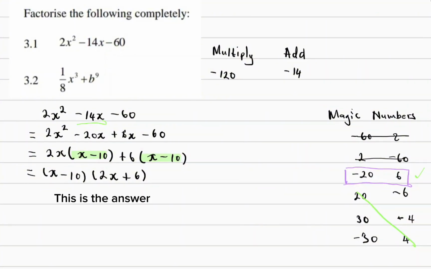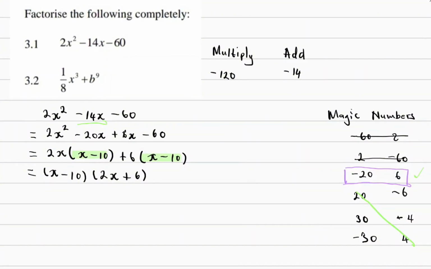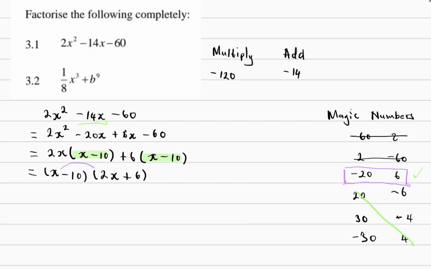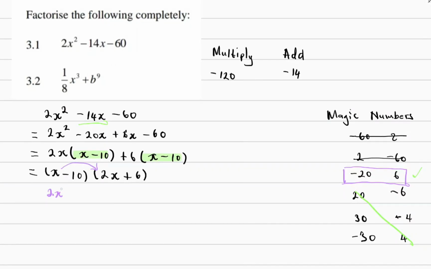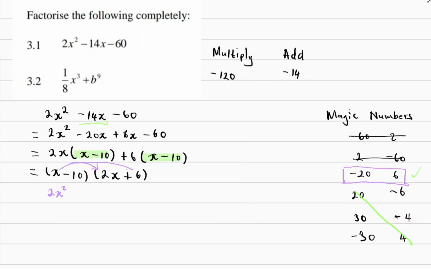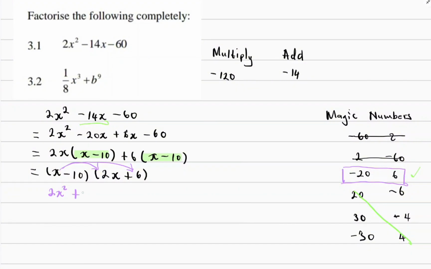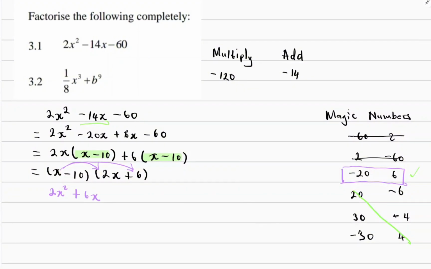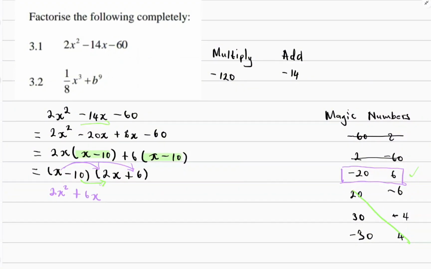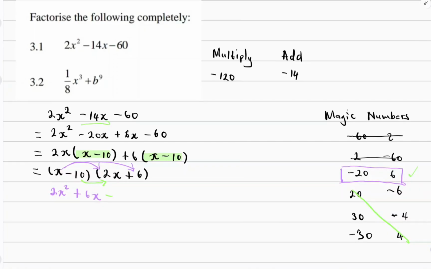Now we can test to see if our factors are correct. X times 2x is 2x squared. X times 6 is 6x. Negative 10 times 2x is negative 20x.